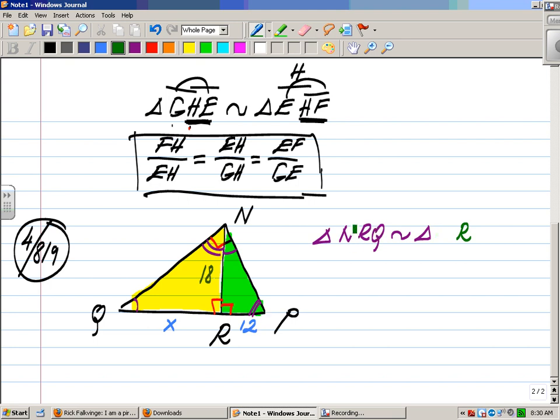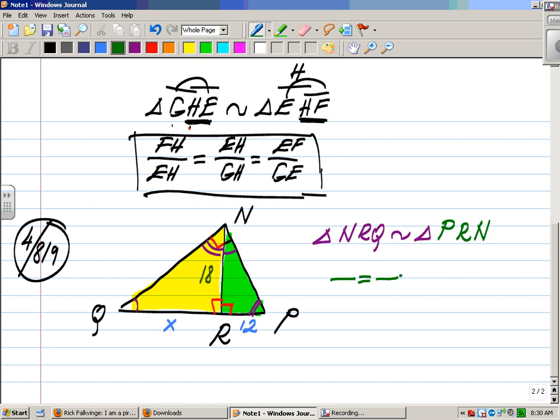So if I'm starting with N in the yellow, in the green one the corresponding vertex is P. And obviously, what is left here, because it's PR, I have to put N, right? Because do you see this angle RNP right here is congruent to NQR. All right? And now I have to write the similarity statement.